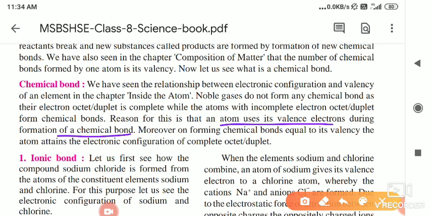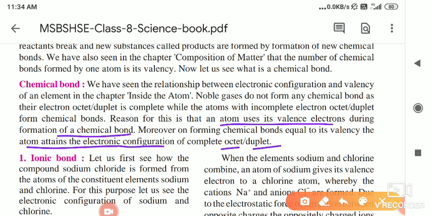Moreover, on forming chemical bonds equal to its valency, atoms attain an electronic configuration that completes their octet or duplet.